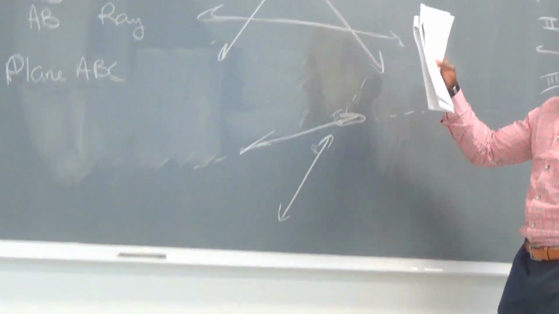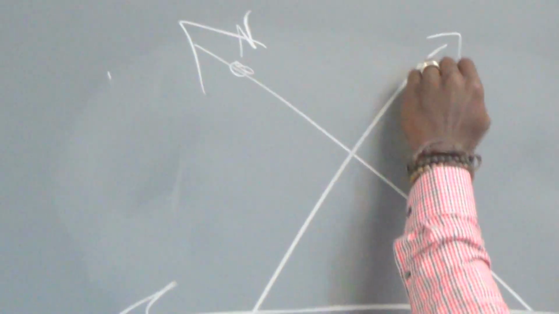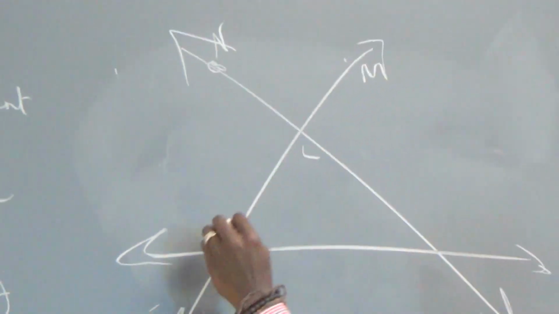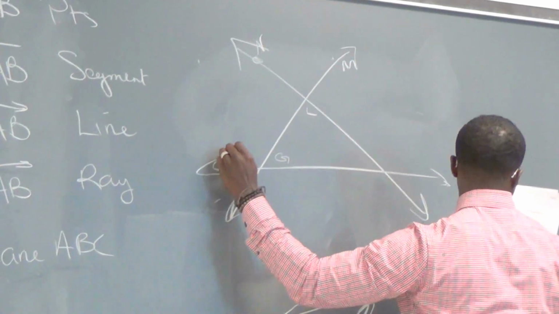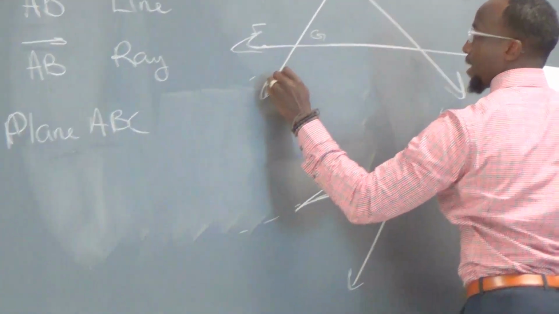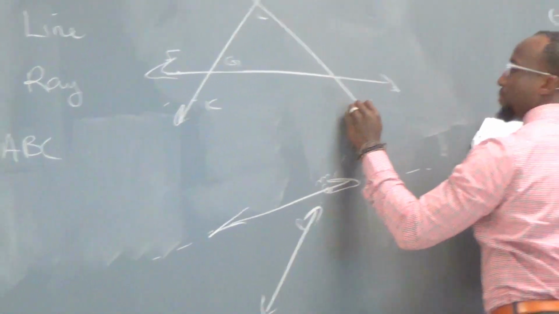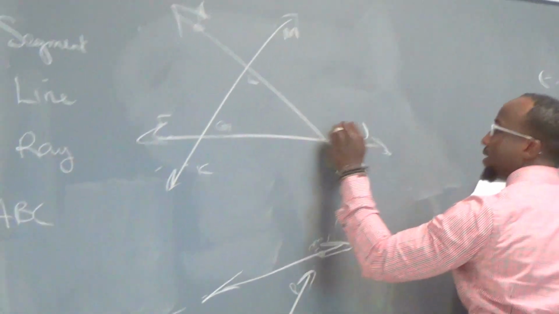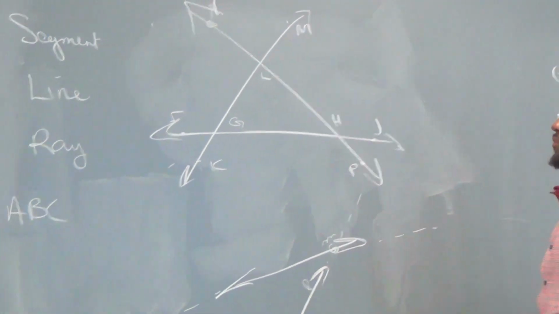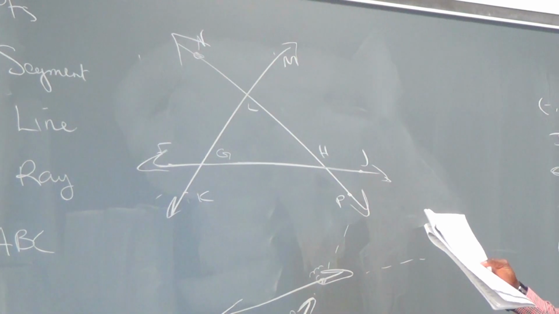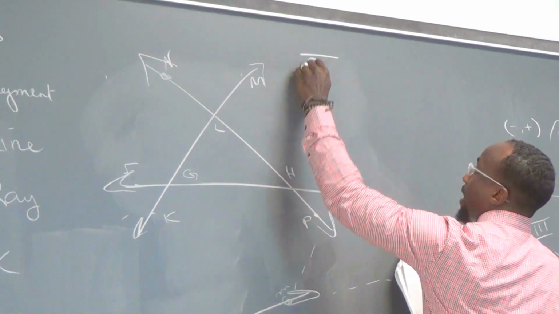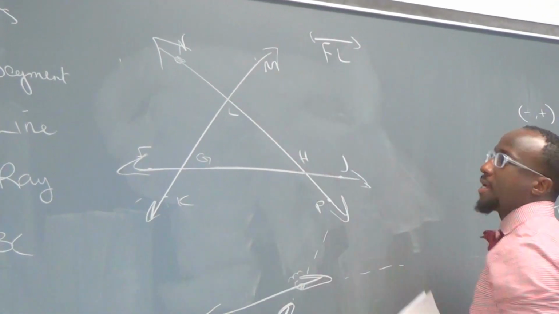So in this particular case, we have M, L, G, F, K, P, J, H. And they said the first one was line FL. Where's line FL at?